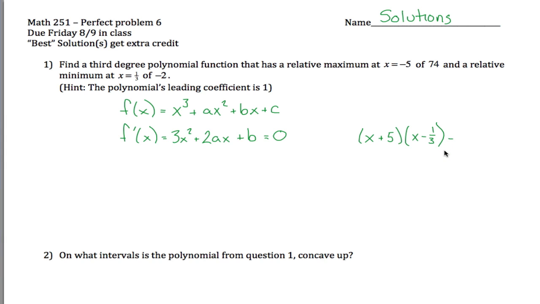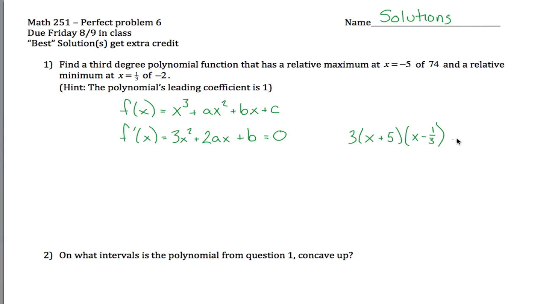Maybe I shouldn't put equals. But there's one problem. Our leading coefficient should be 3. And if you FOIL this polynomial out, what you'll get is a leading coefficient of 1. So in order to make that leading coefficient be 3, we'll need a 3 right here. So really what we have is this must be f prime of x.